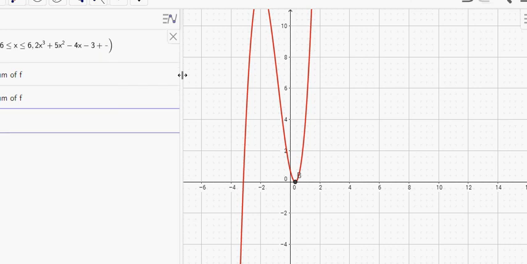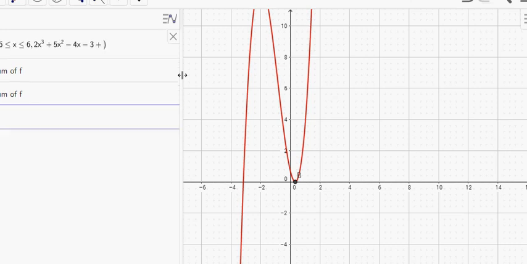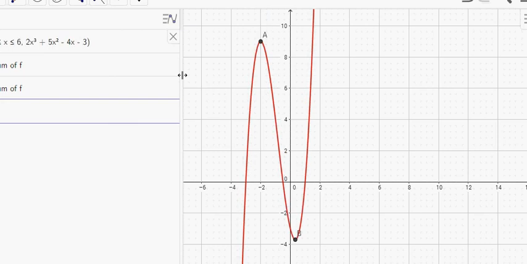So what we're going to do here then is go back to our original graph. So this is what our graph looked like originally. Now you can see here that this point here is minus 2, 9. What we can also do is just take our original function and bring the whole graph down 9 places.